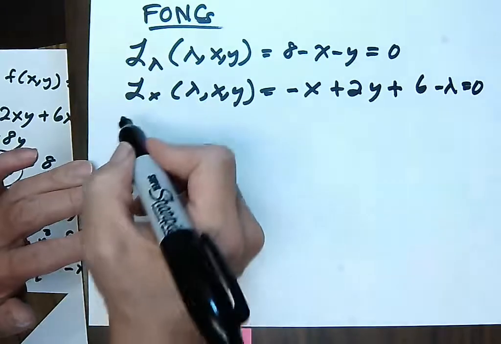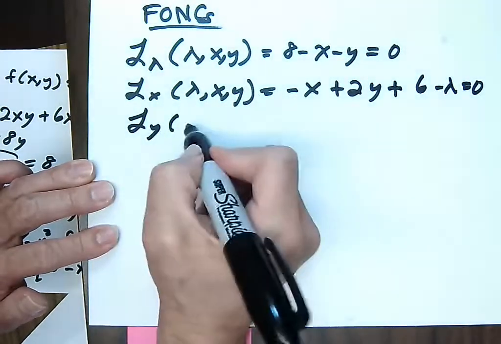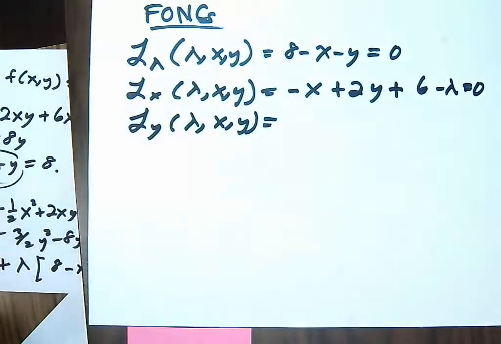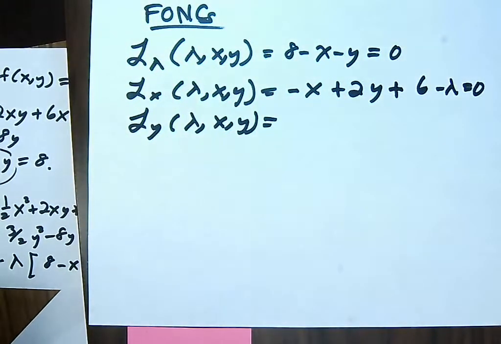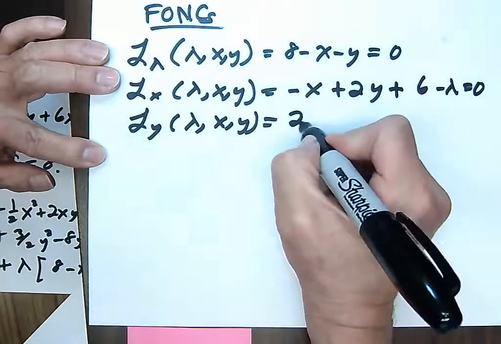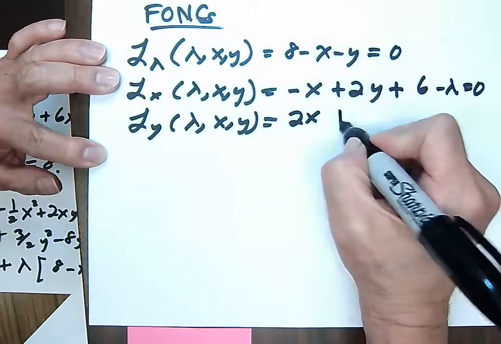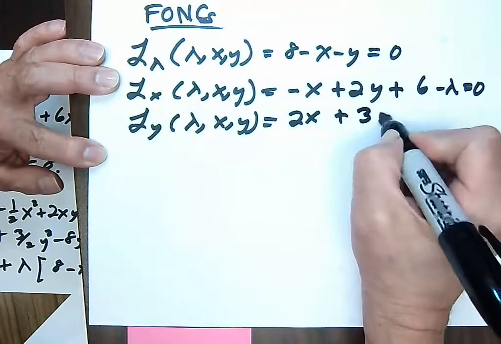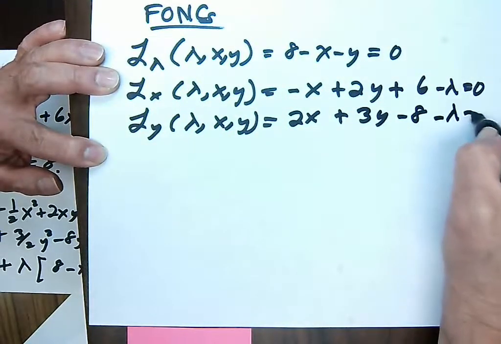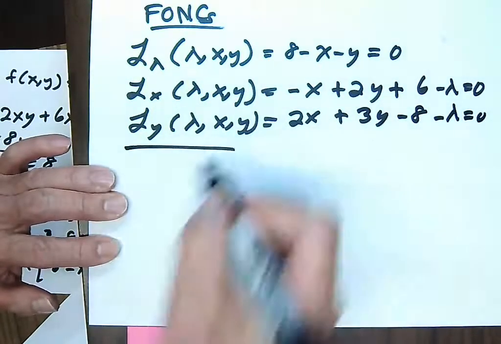Then we need to take the partial of the Lagrangian with respect to y. It'll be a function of lambda, x, and y. And once we find it, we need to set it to 0 as well. The partial of the Lagrangian with respect to y is equal to 2x plus 3y minus 8 minus lambda, and we need to set that to 0 as well.